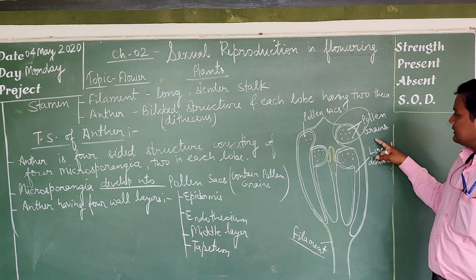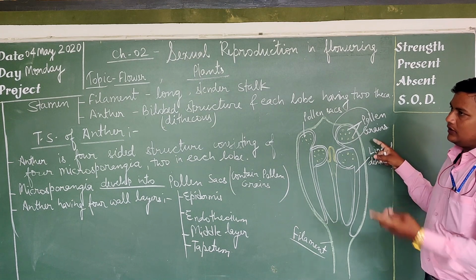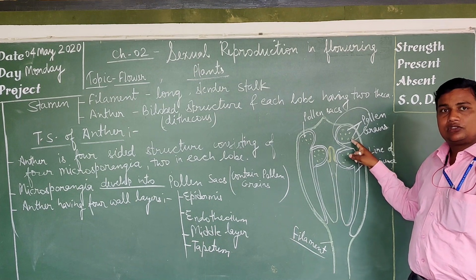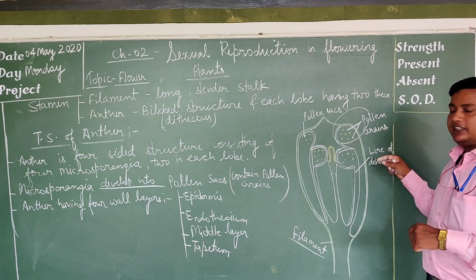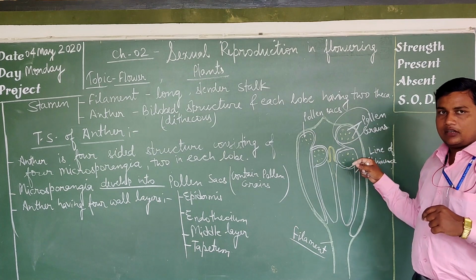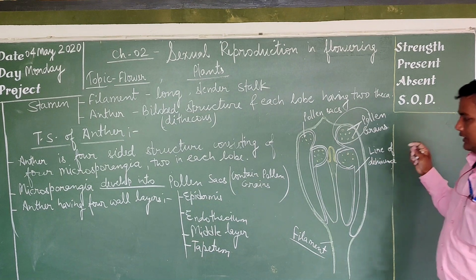Pollen grains go to the stigma, are dusted on the stigma, and then enter the ovary through the style.